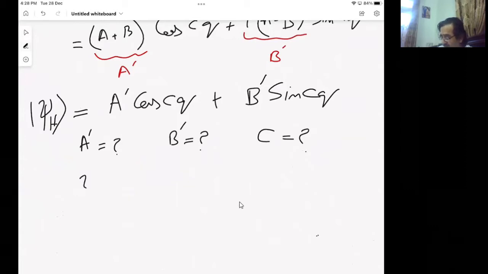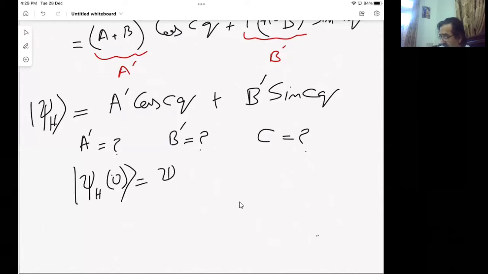So psi h at the region starting at 0, and psi h at L, will be 0. That is the boundary condition.